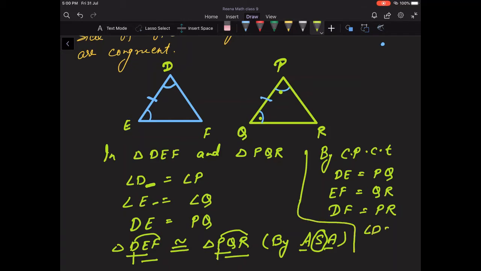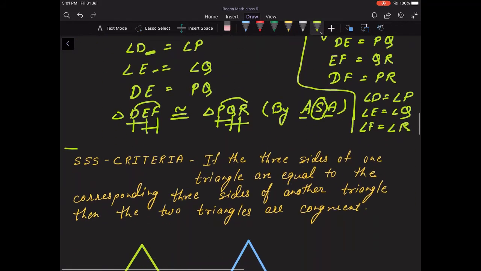Angle D will be equal to angle P, angle E will be equal to angle Q, and angle F is equal to angle R. So this way, if any two triangles are congruent by ASA, we can apply CPCT and make each angle and each side equal to the corresponding angle and side of the other triangle.